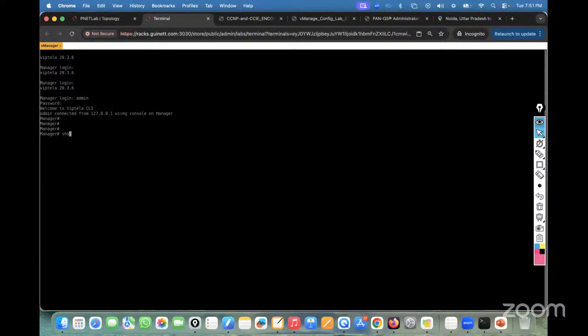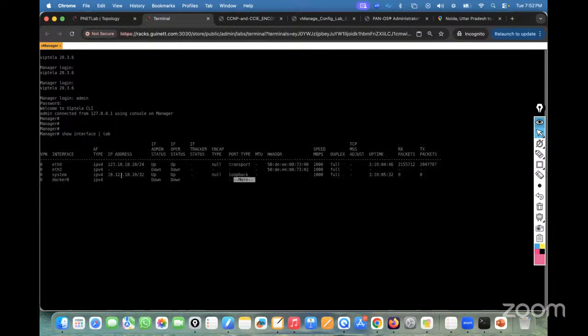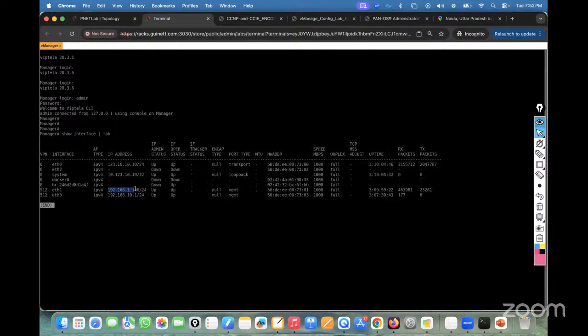Hold on, let me log in to the Catalyst one first. Sorry, it's the Cisco one, this one. Interface tab. What is the IP address?